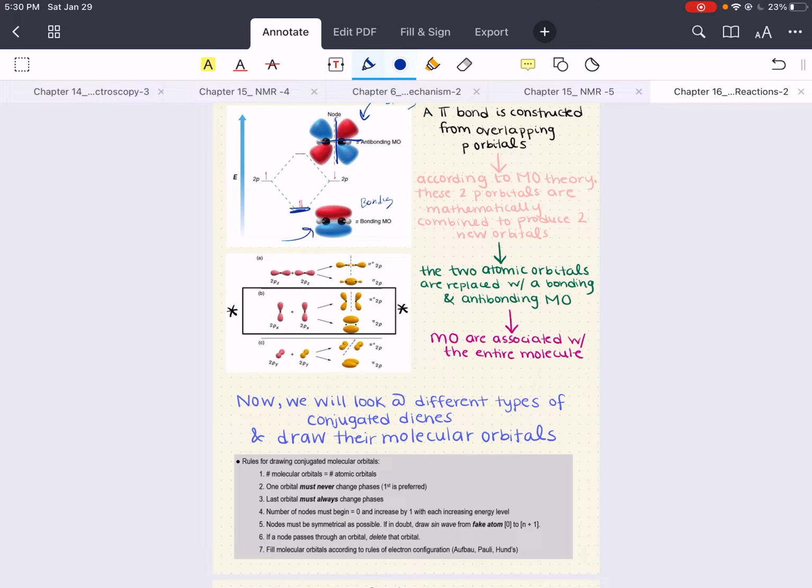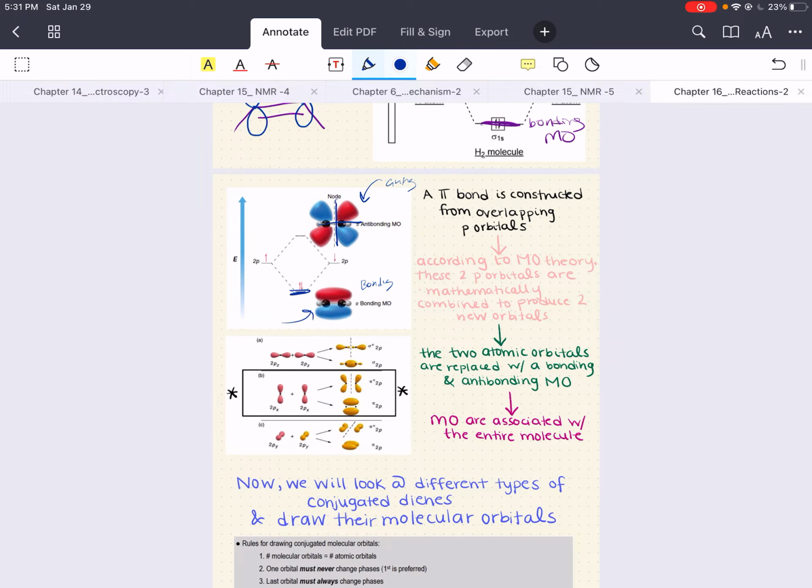The next one is going to have one. And each higher energy molecular orbital is going to have one additional vertical node. These four molecular orbitals are often represented with a shorthand drawing that we're going to learn. And so to put all this information together, we're going to do a quick example.